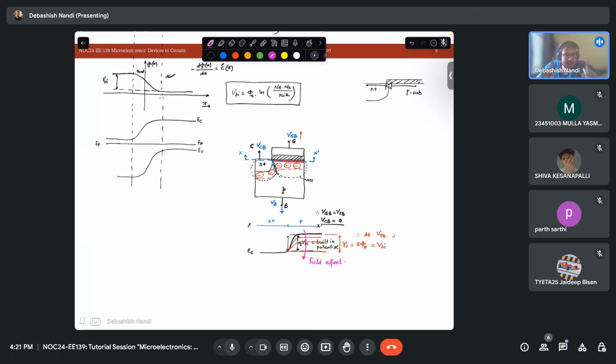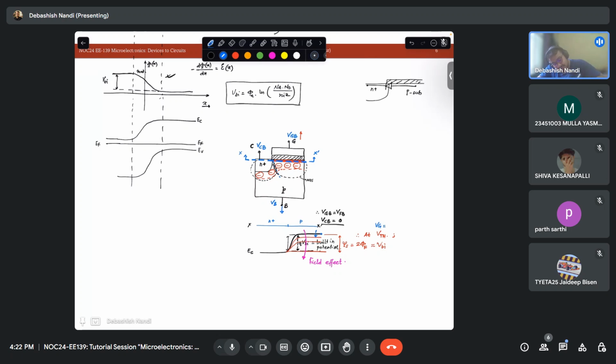Two things to remember very carefully. What I am drawing is the energy band diagram along this horizontal cut section. This barrier reduction is due to the field effect. When I apply positive voltage at the gate, the electron energy comes down. At Vg equal to Vth, my surface potential becomes 2 phi f.